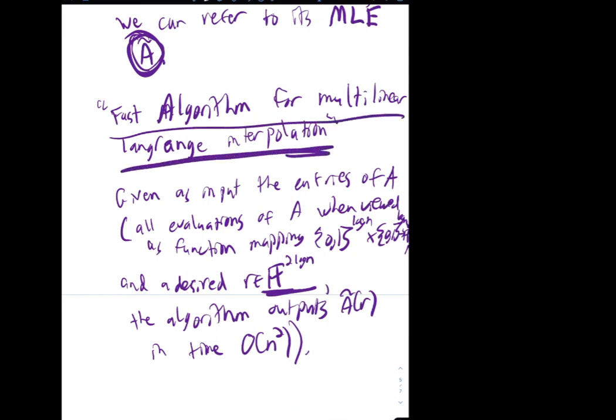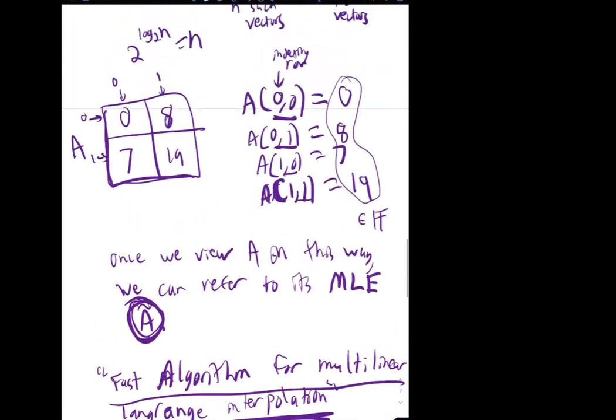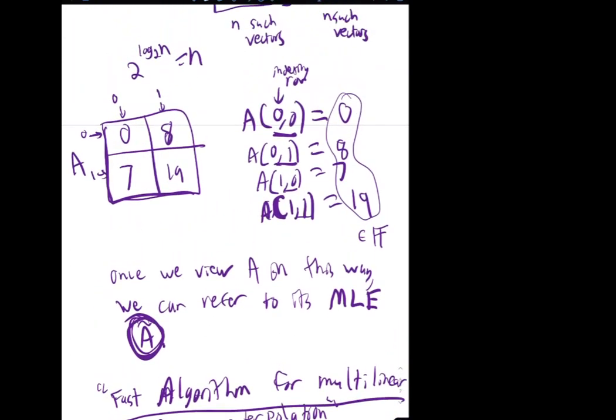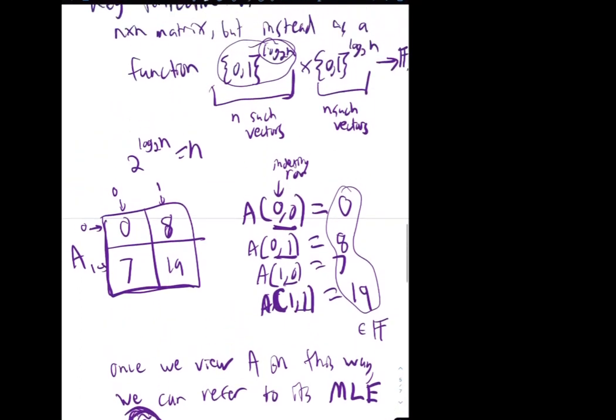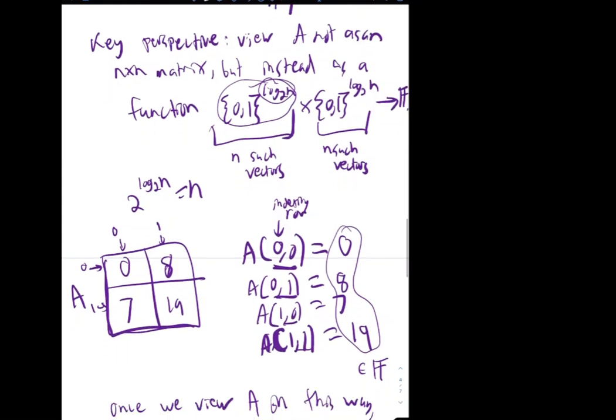Quick question. When we say multilinear, that assumes that there are multiple variables, right? So are the variables just the hypercube coordinates? Yeah, exactly. There are 2 log n variables.